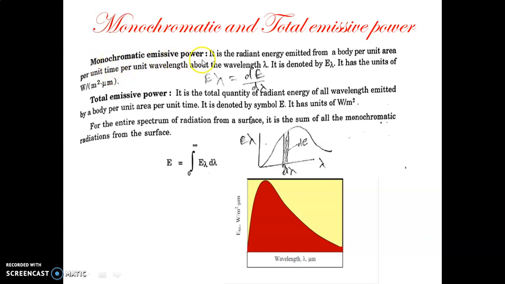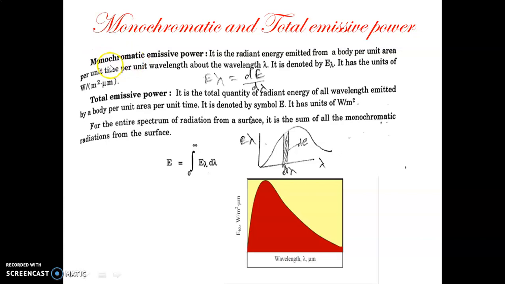So monochromatic emissive power is defined as the radiant energy emitted by a body per unit area, per unit time, per unit wavelength about the wavelength lambda. The word monochromatic is used for a single wavelength.